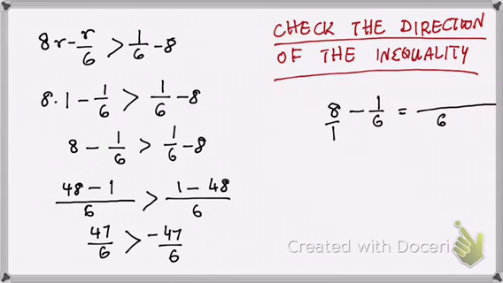Right now the denominator for this is 1, and the denominator for this is 6. So in order to make it common, what you want to do is multiply both the numerator and denominator with 6.